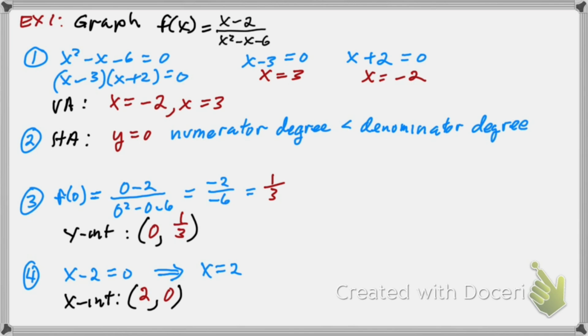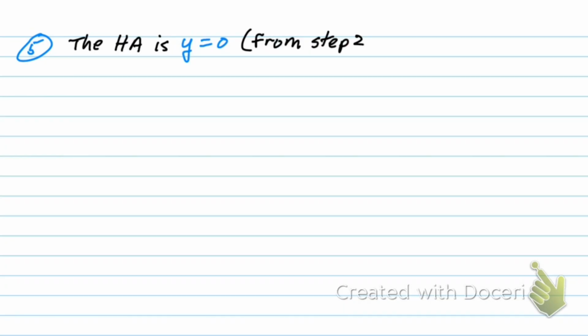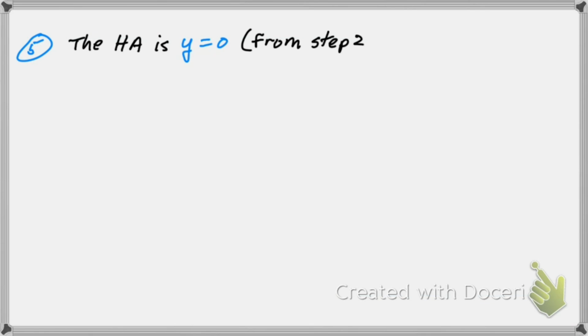Let's go to step 5. Now I know my horizontal asymptote is y equals 0. So I use that fact, and I'm going to set my whole function to 0. Then I'm going to try and solve it. So first thing I do, I multiply both sides by x squared minus x minus 6.